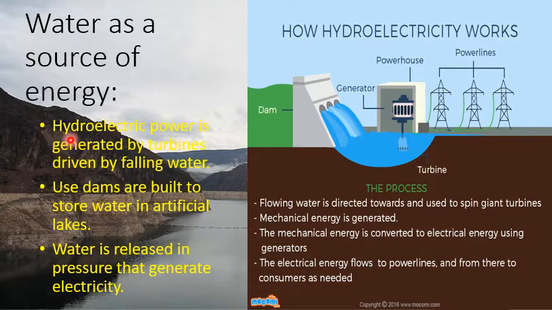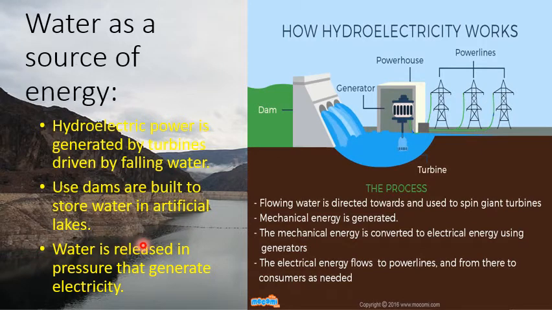Hydro is a word that always indicates water, so electric power that is generated by water is called hydroelectric power. And how is hydroelectric power generated? It is generated by turbines driven by falling water. How are the turbines driven? By falling water. As we are talking about water as a source of energy, we use dams, and you can see that the dams are built to store water in artificial lakes.